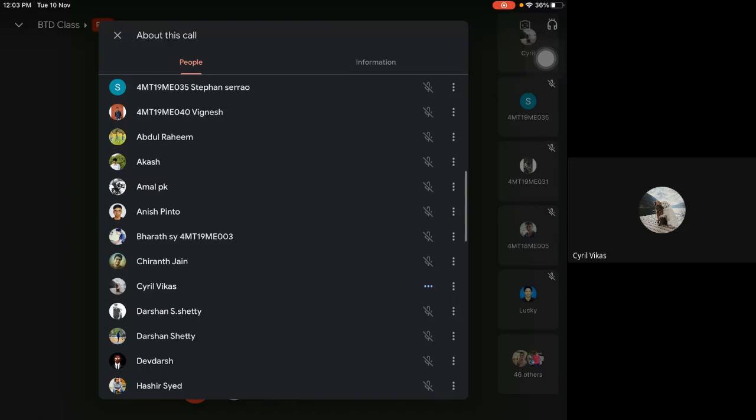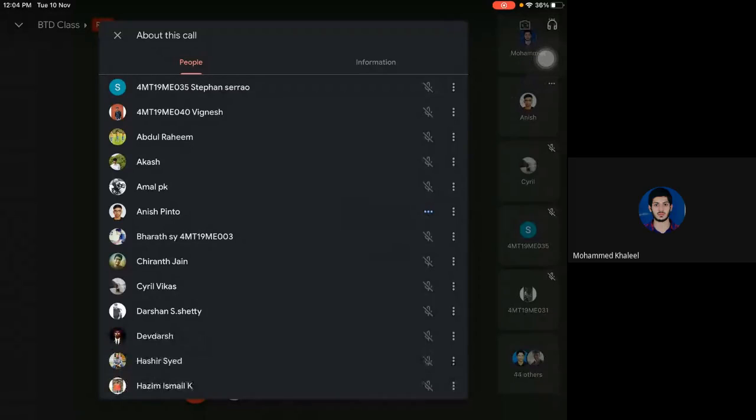Anish Pinto. Anish, so why is the isochoric work done zero? Why is the isochoric work done zero, Anish? Constant pressure. Constant pressure is isobaric, is it, Anish?